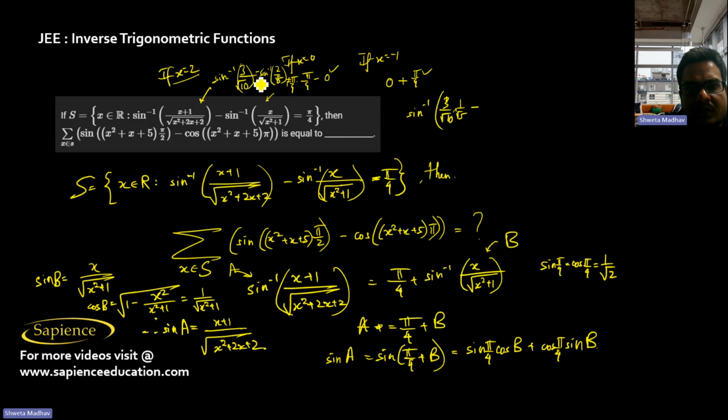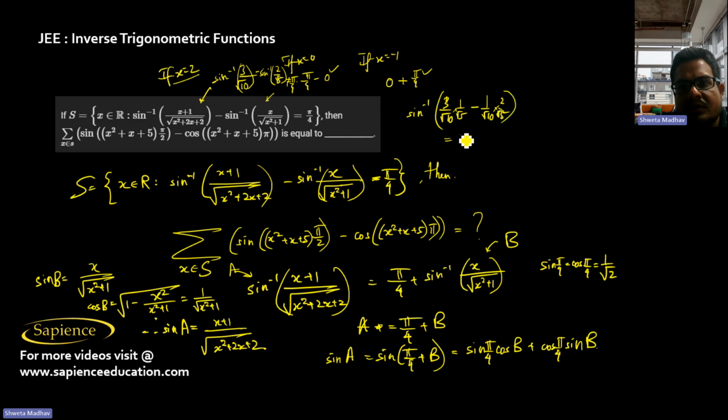minus cos a sine b, that is cos a, that is root of 1 minus 9 by 10, that is 1 by root 10, times sine b, that is 2 by root 5.